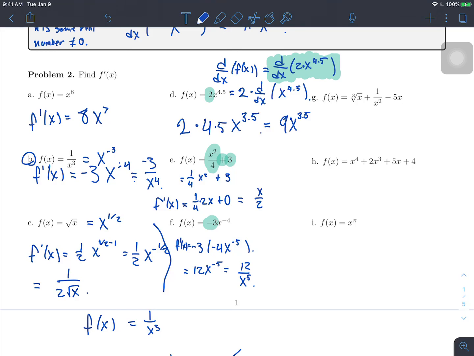So if I were to ask this question on an exam, I would give full points for the answer 12x to the negative 5th, and I would give full points for the answer 12 over x to the 5th. I would even probably give full points if you wrote down negative 3 times negative 4x to the negative 5th, even though that's not great mathematical practice.